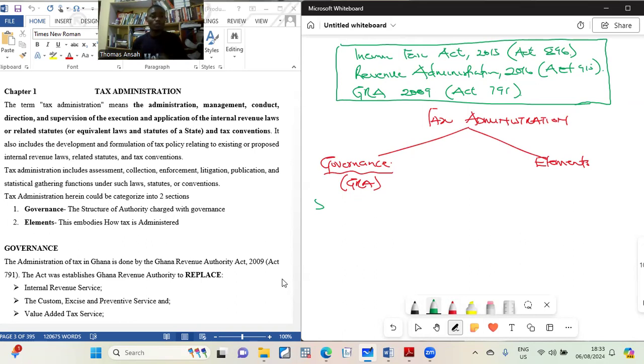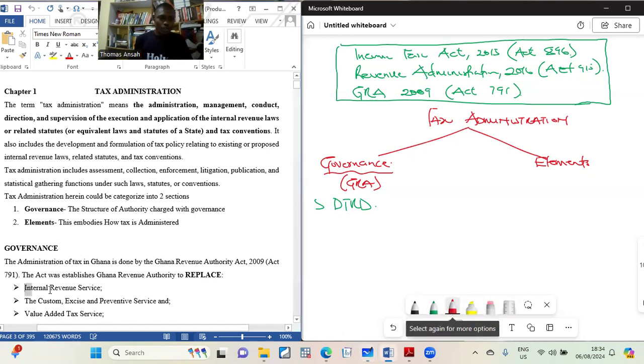Now, in 2009, those concepts were repealed. So now we have the DTRD, Domestic Tax Revenue Division, or it's actually called division. That is the first one. This is the old one: we had the IRS and we had customs.